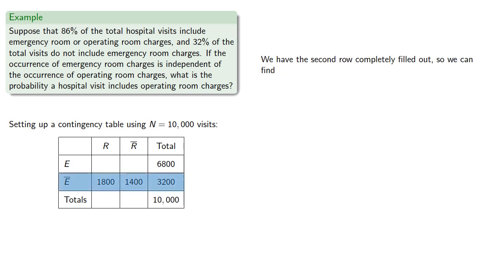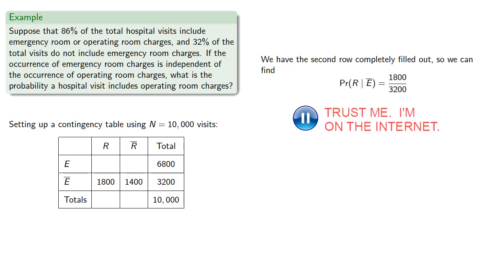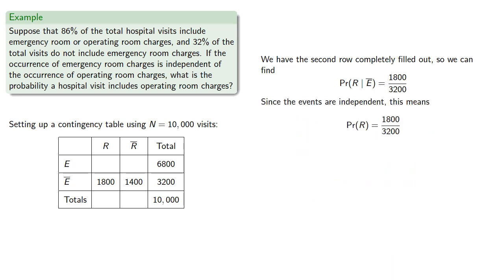So note that at this point we have this second row completely filled out, and that means we can describe any probability out of this total, the non-emergency room charges. So we can find the probability of R given not E. Well, that's 1,800 out of 3,200. And since the events are independent, this is also the probability of R.